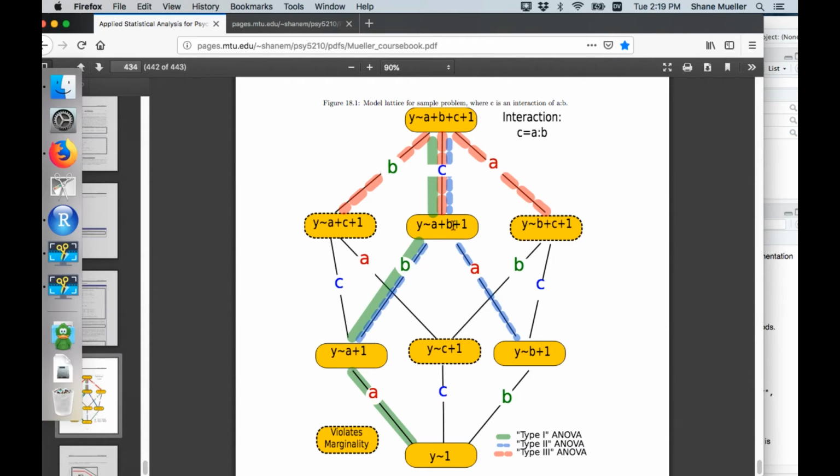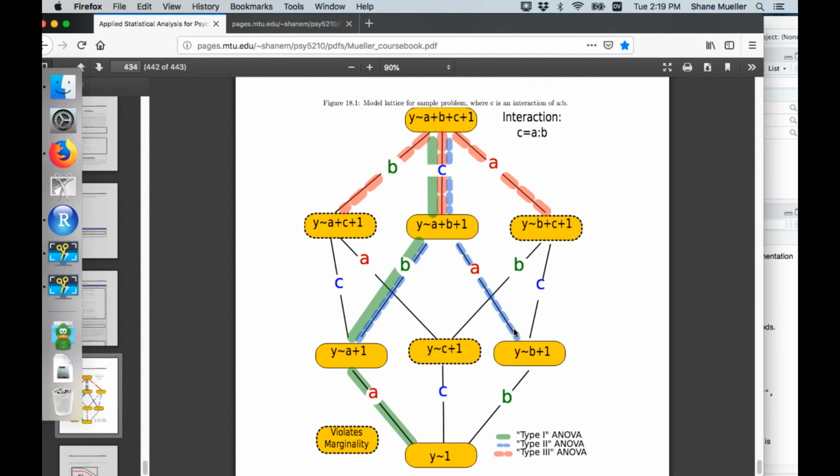And if I want to test the effect of B, I'm going to look at the model with A and B and compare it to the model with just A. So that's the difference of B. So this is called the type 2 ANOVA.